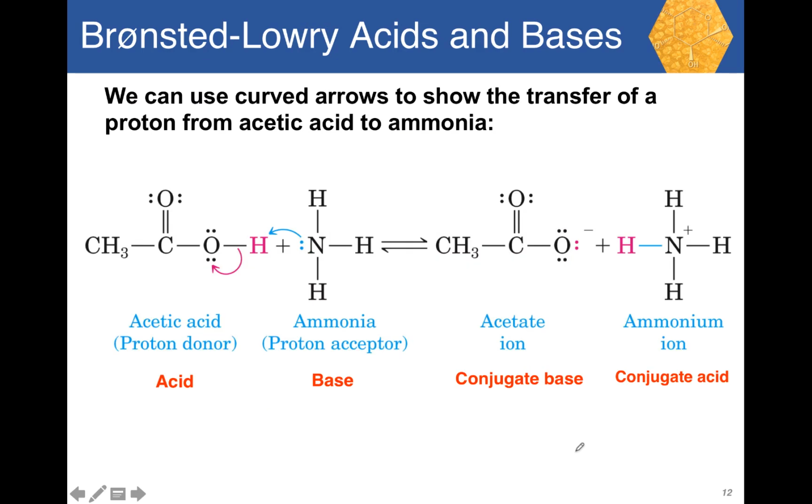Let us look at a more detailed application of this. So here is acetic acid. Here is the proton, or the hydrogen. Because this bond is polar, this is your partial positive, and of course this oxygen here is your partial negative. So this hydrogen here is considered partially positive, or if it reacts, it will react with electrons.